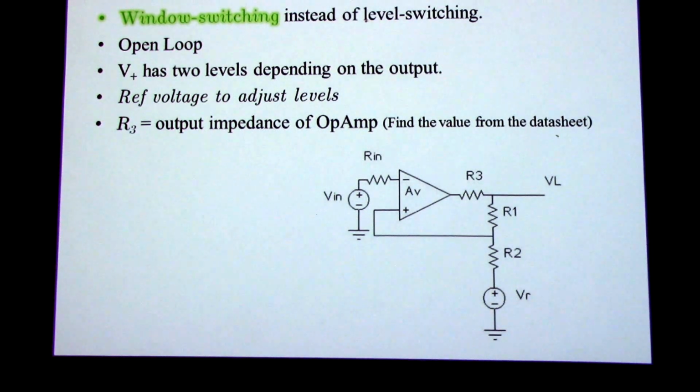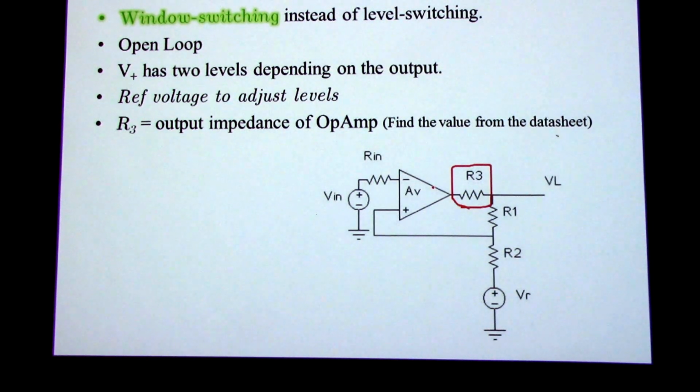So here is the Schmitt trigger circuit. We are going to use window switching instead of level switching. It is open loop. V plus has two levels depending on the output, and the reference voltage cannot be used to adjust the levels. Here R3 is the output impedance of the op amp. It's very important here. We have drawn this R3 separately, but you actually don't have to put it in the circuit.